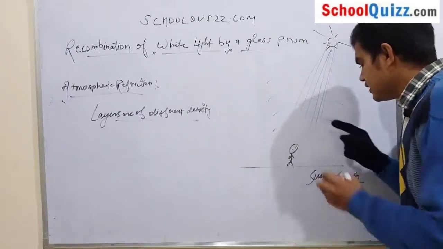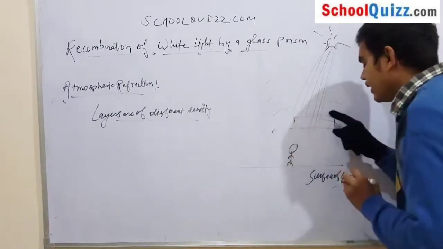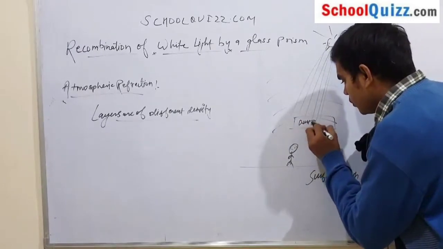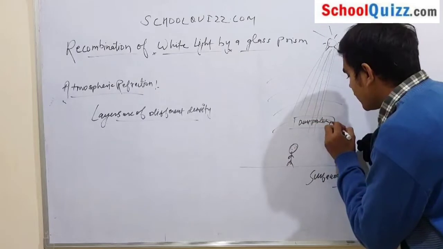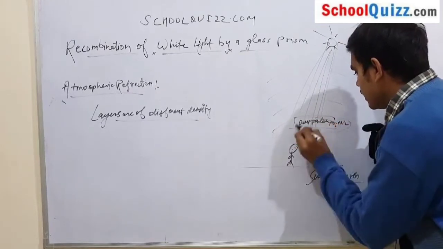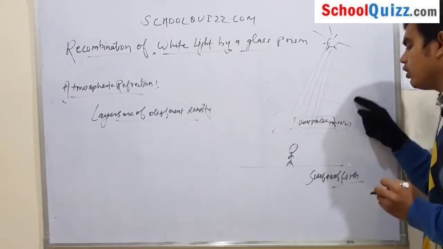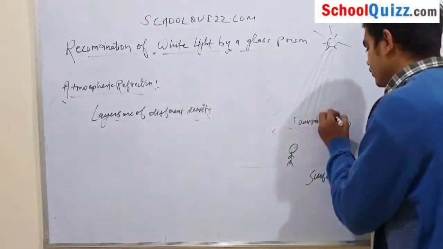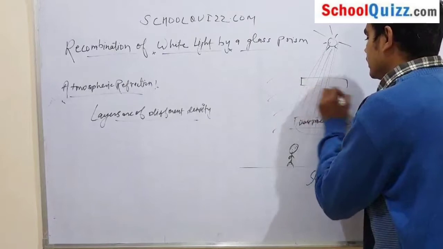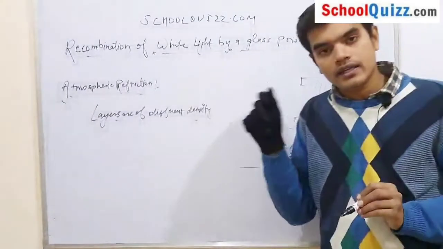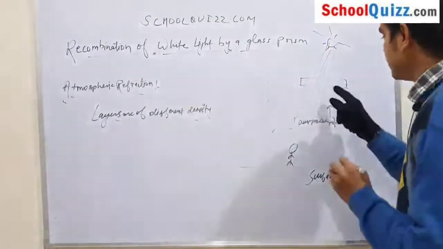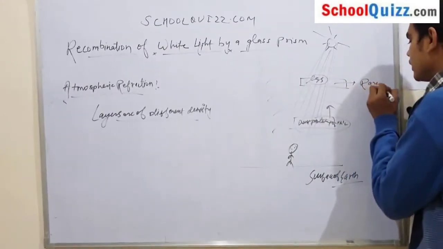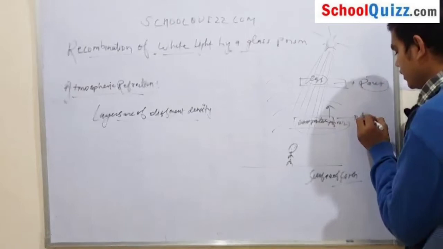It means that in this layer you will find more dust particles, O2, N2, all the gases, but as you move up or down, you will find less dust particles. Suppose if you go up, then in this layer you will find less dust particles. This region contains less dust particles, so this region becomes rarer and this layer becomes denser.